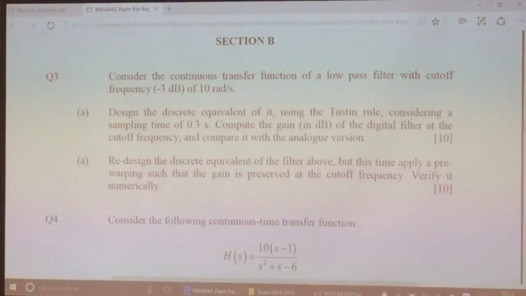So we need to apply the pre-warping. Have you seen the pre-warping in the class? Okay, good.